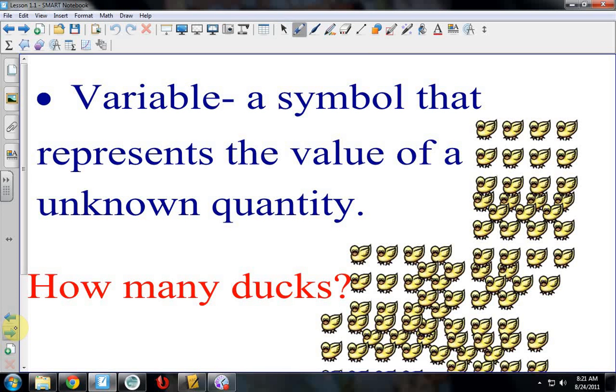Yeah, we could give it a variable. How many ducks? Right now, I don't know, so I'm going to call it a variable. Let's say D. All right, D. Then, somebody's counting. Has anybody got it down, all the ducks yet? So D is just a placeholder for the quantity until we know the actual quantity.